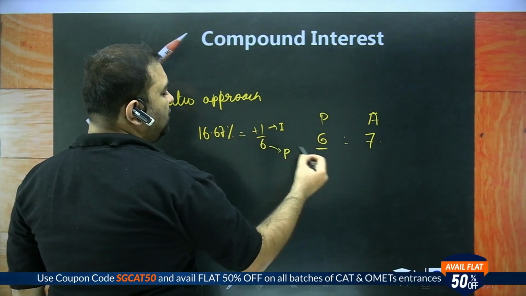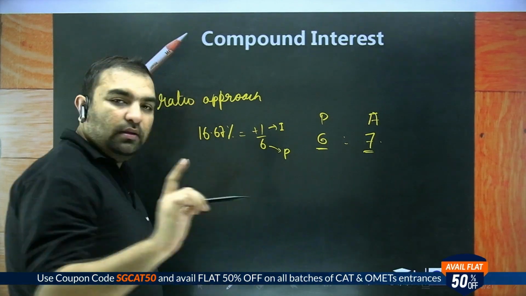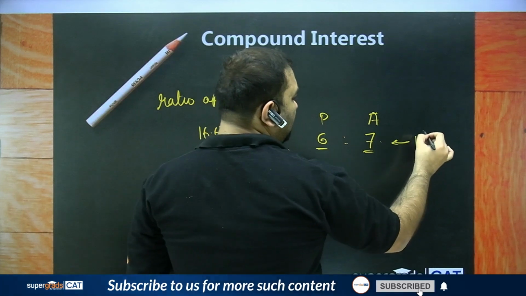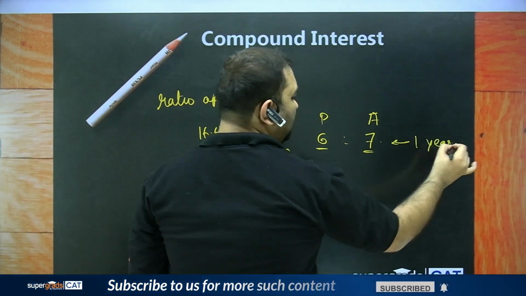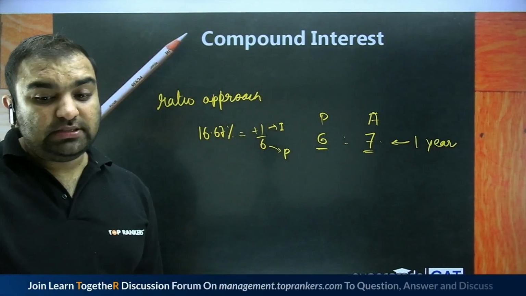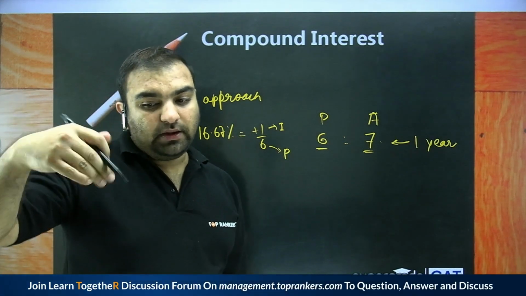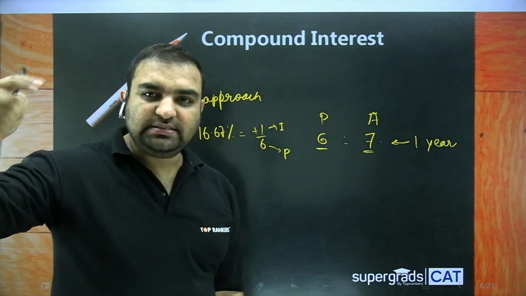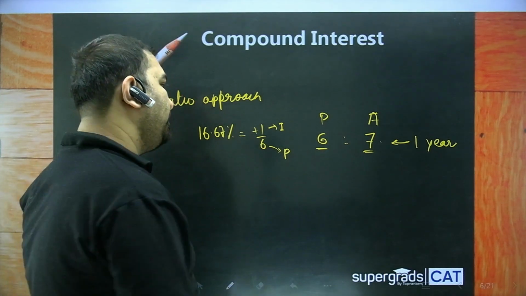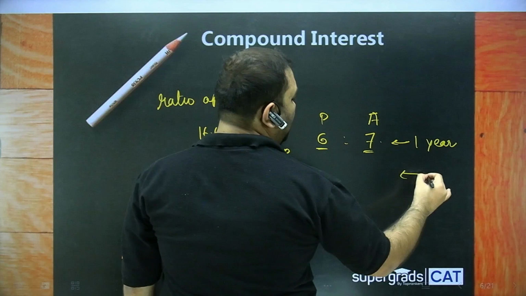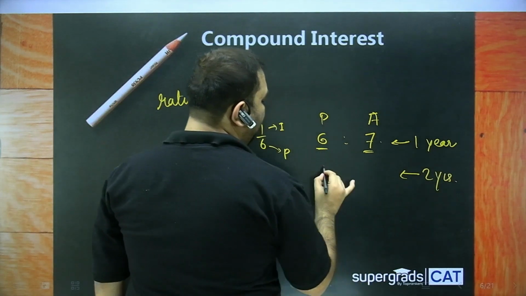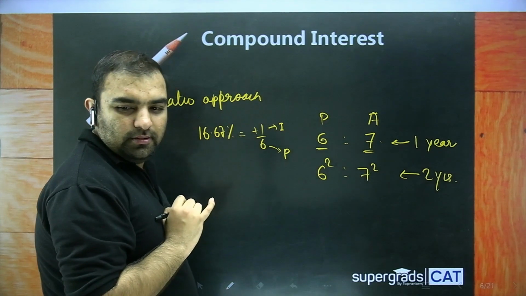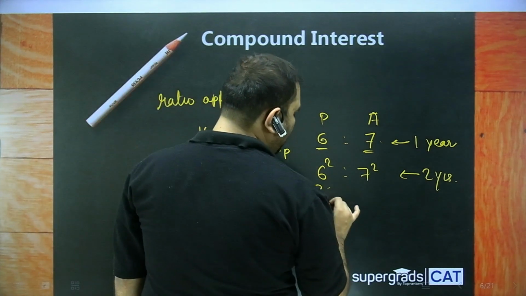So principal of 6 will become amount of 7 after 1 year, because compounding is done annually. If the compounding had been done semi-annually, तो 6 से 7 एक semi-annual में ही हो जाता. In 2 years, it will become from 6 square to 7 square, that is 36 to 49.